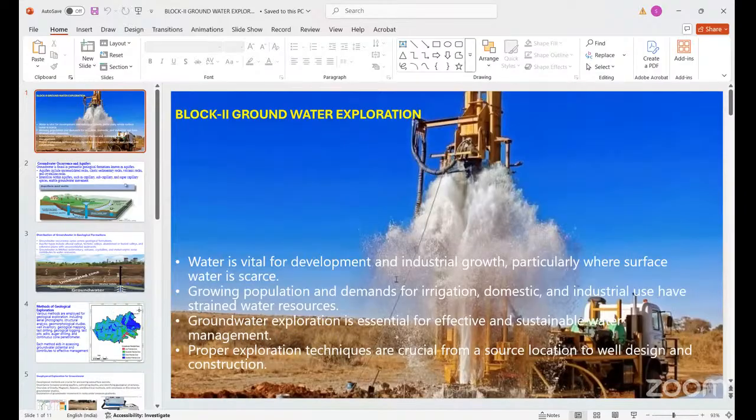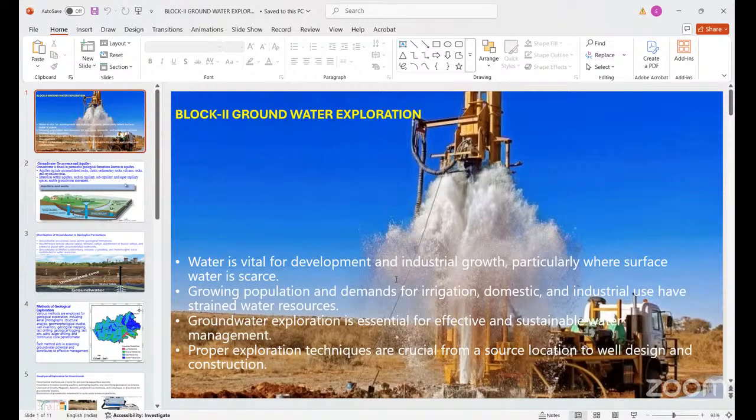Today we have covered the hydrogeological cycle and its important processes, the aquifer systems and their properties, and the formulas involved in identifying aquifer flow rate.